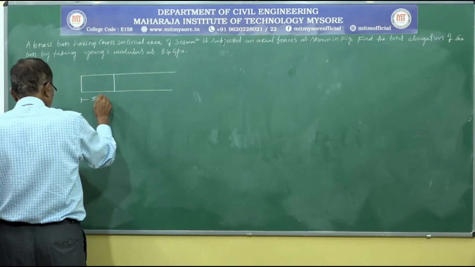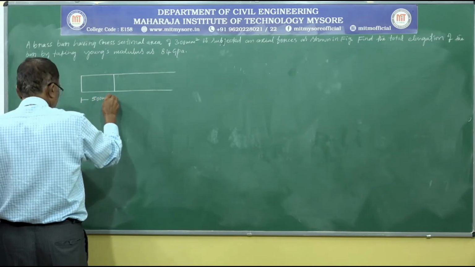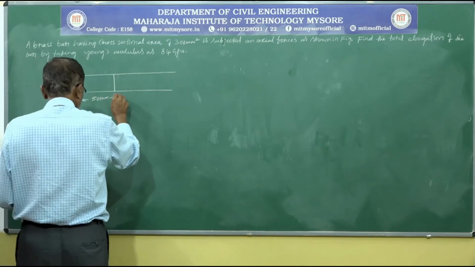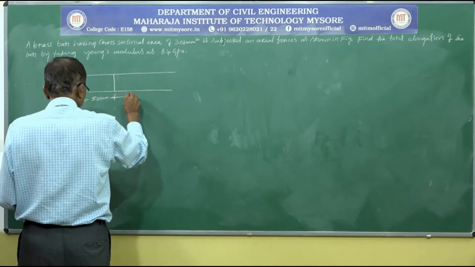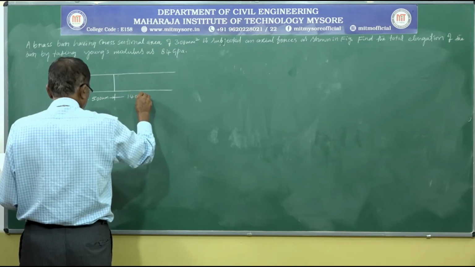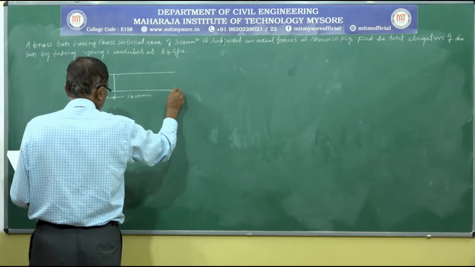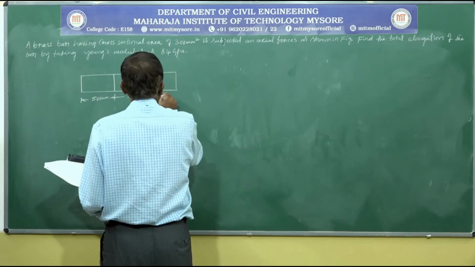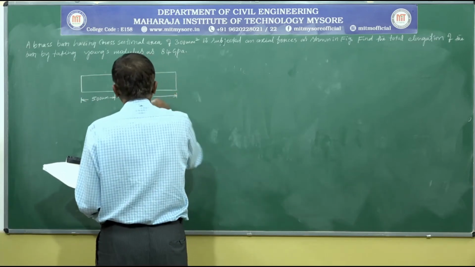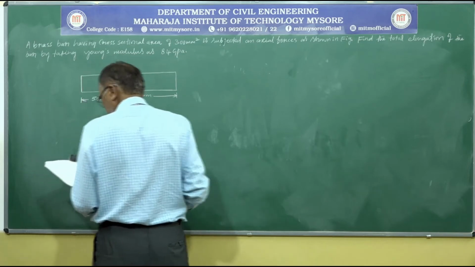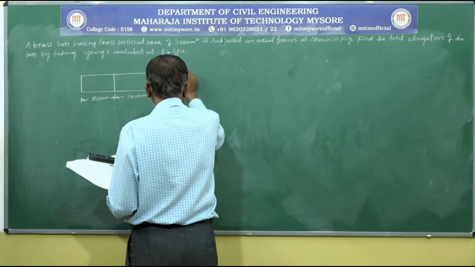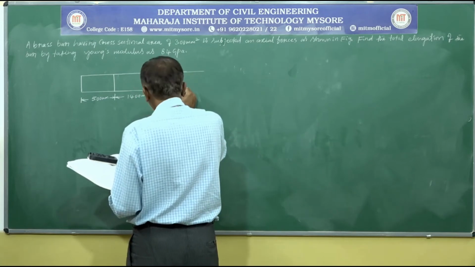The first portion is 500 millimeter, the second portion of the bar is 1400 millimeter, the third portion is 1000 millimeter.